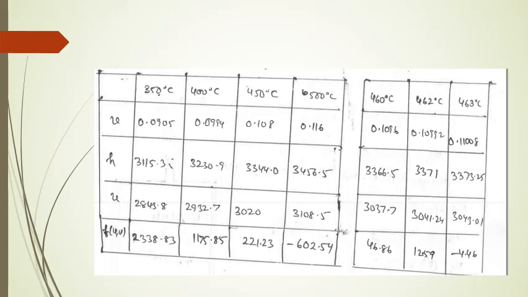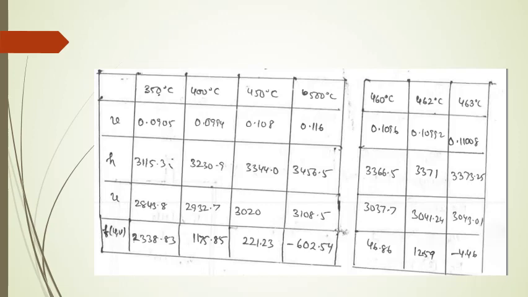Now we have written V and U specifically, though we have written also H, but the only useful things will be V and U. So V and U for 350 degrees Celsius, 400 degrees Celsius, and so on. For several temperatures we have written up to 500 degrees Celsius.